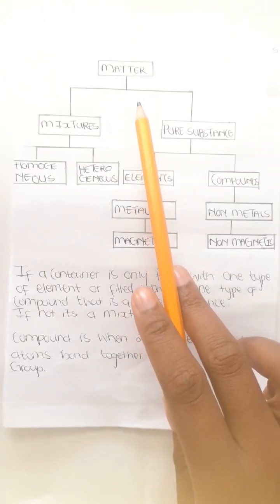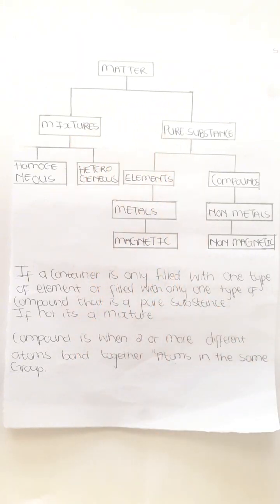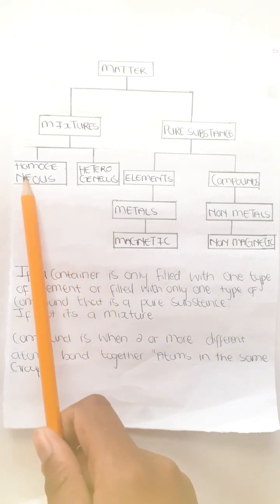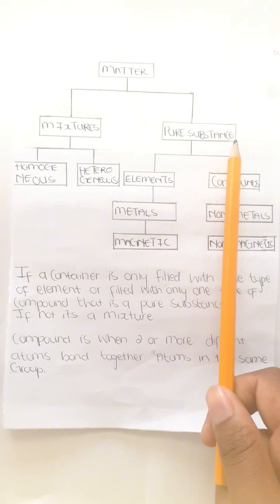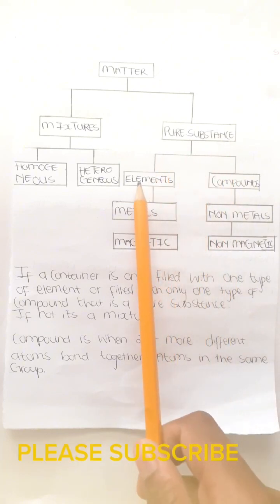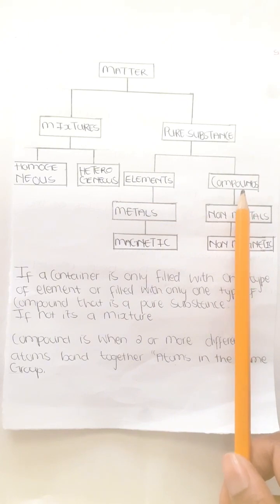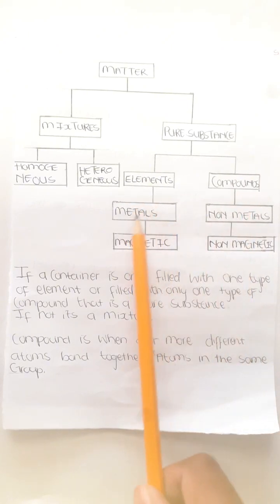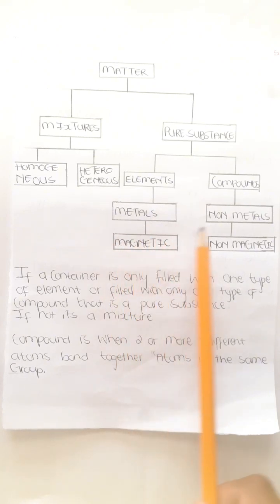Matter can either be a mixture or a pure substance. A mixture can be homogeneous or heterogeneous. A pure substance can be made up of elements and compounds. Elements are metals and are magnetic.